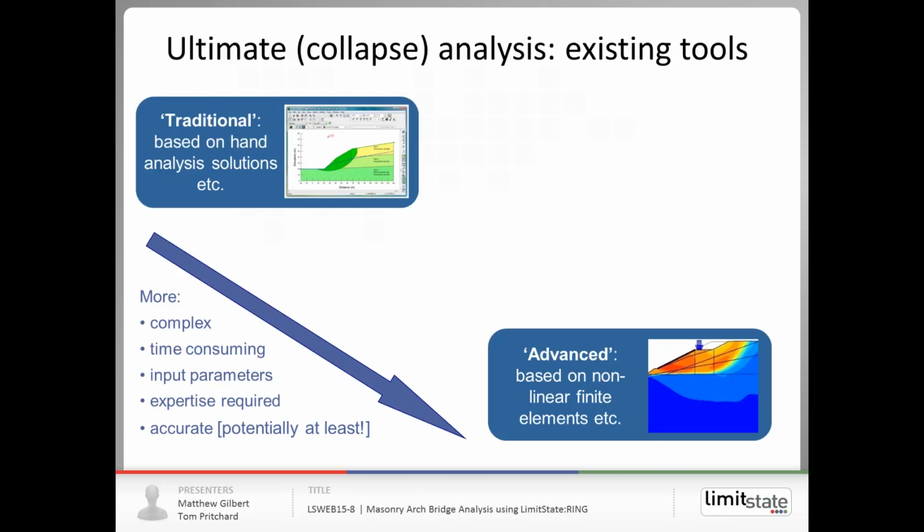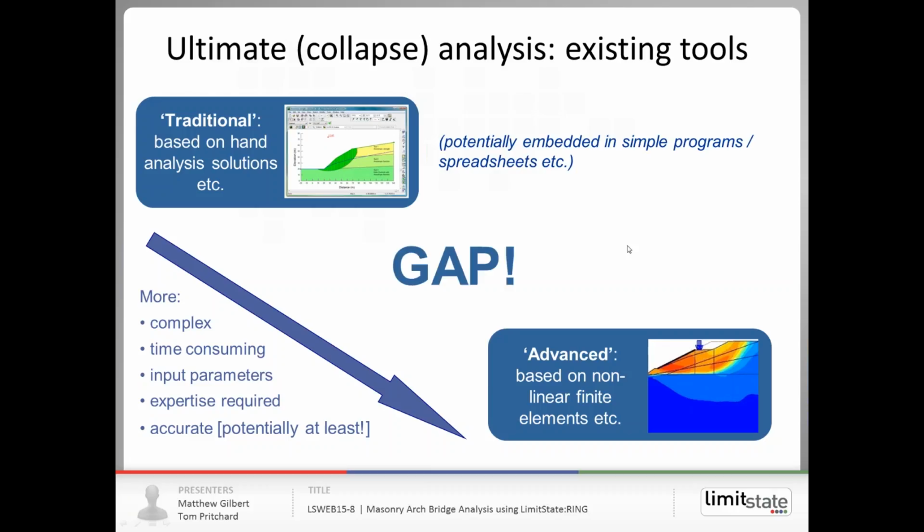There's traditional software, which is basically automated hand calculations, in spreadsheets or in simple programs. And then at the other extreme, we have much more sophisticated tools, for example, based on advanced finite element, non-finite element techniques. But there's a big gap between these two types of software.